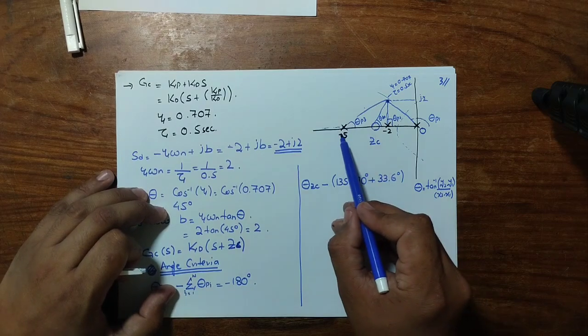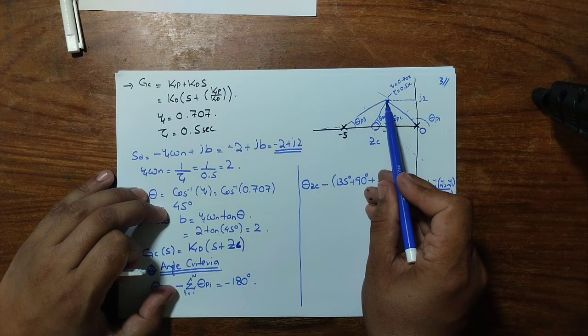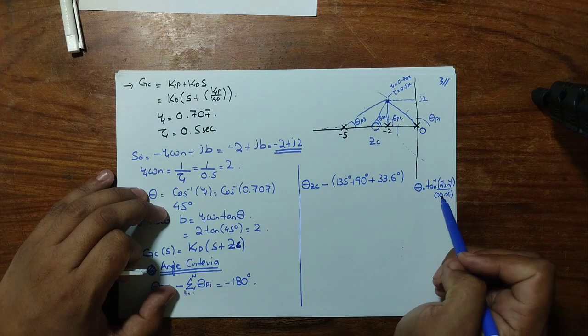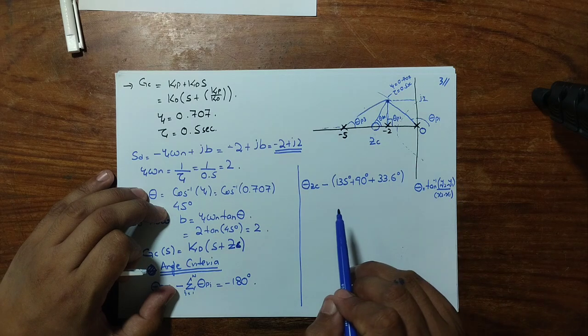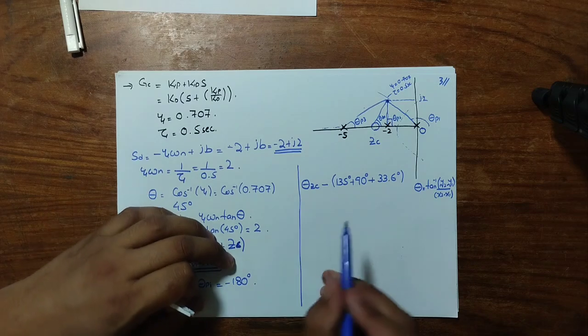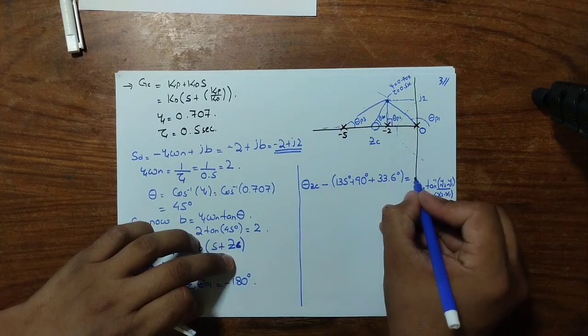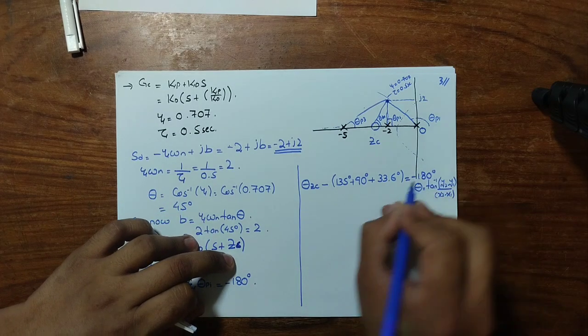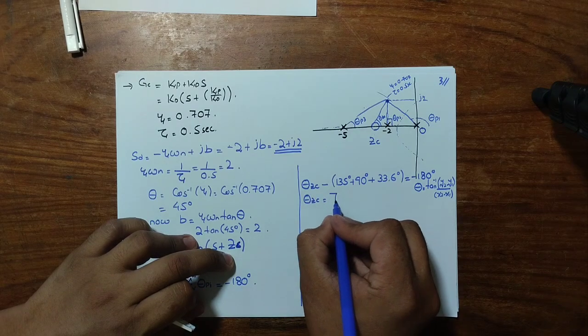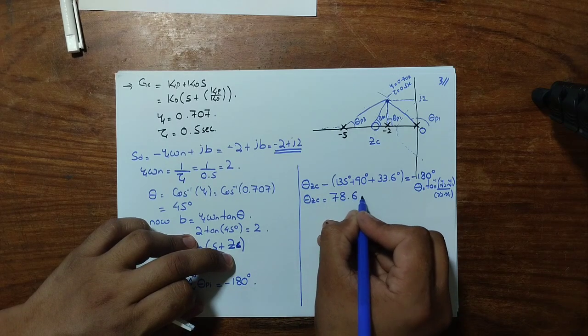As we know the location of this pole and this desired point, similarly for each other pole and this desired point, we can use this formula to compute these angles. So the only thing left now is theta z naught. By following this simple method, equal to minus 180 degrees, we can write theta zc is equal to 78.6 degrees.